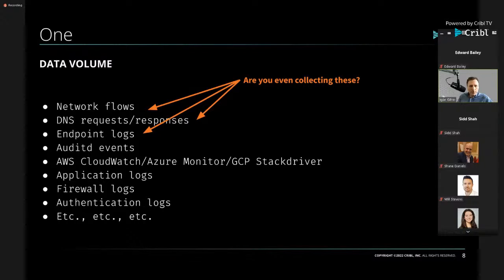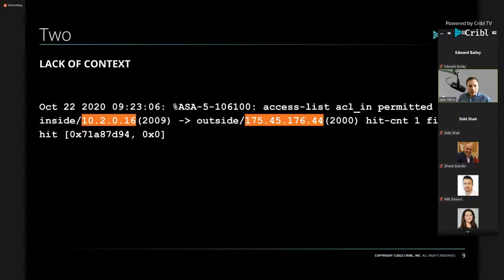Things like your network flow logs, DNS logs, endpoint logs. And I noticed that some of the organizations just do not send that data for analysis at all. And in some cases, they don't really even store that data for any meaningful period of time. So this becomes very, very problematic if you start building your security solution or you want to have your good visibility into your security data.